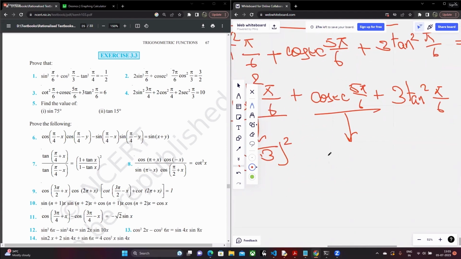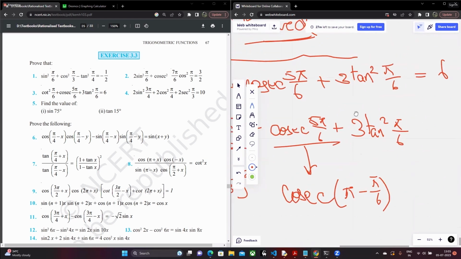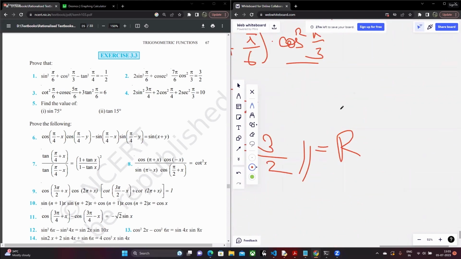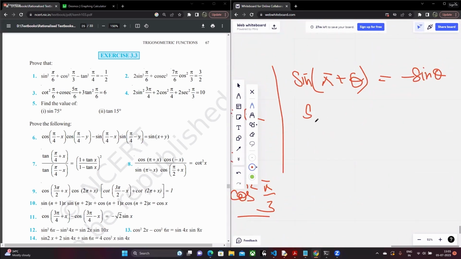Cosecant 5 pi by 6 is basically cosecant of pi minus pi by 6. And for the last question I showed you earlier, sine of pi plus theta is going to be minus sine theta. The same way, sine of pi minus theta is going to be equal to plus sine theta. Why? Because pi minus theta is going to lie in the second quadrant.